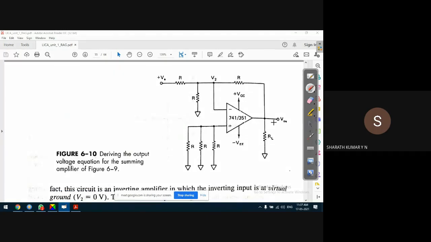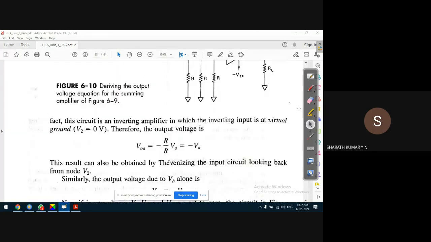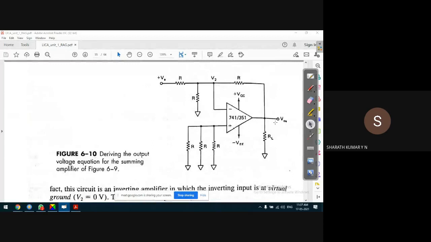In this combination, we can see VOA, the output voltage due to A. I think you may not be able to see this. It's not properly visible. VOA is the output voltage due only to input voltage VA. This is VA, guys. The A is not visible; you may see it like a dot.